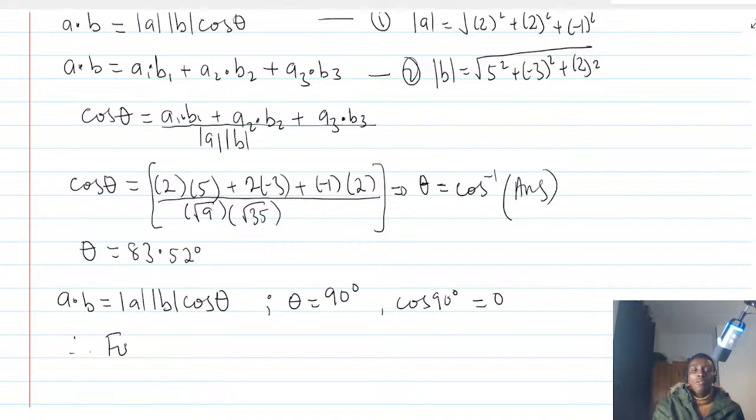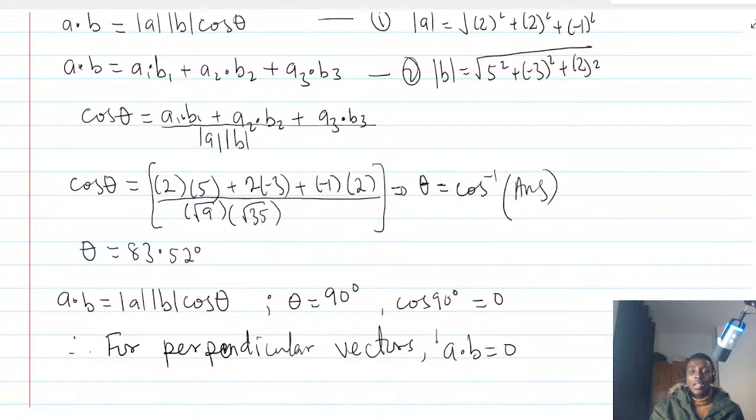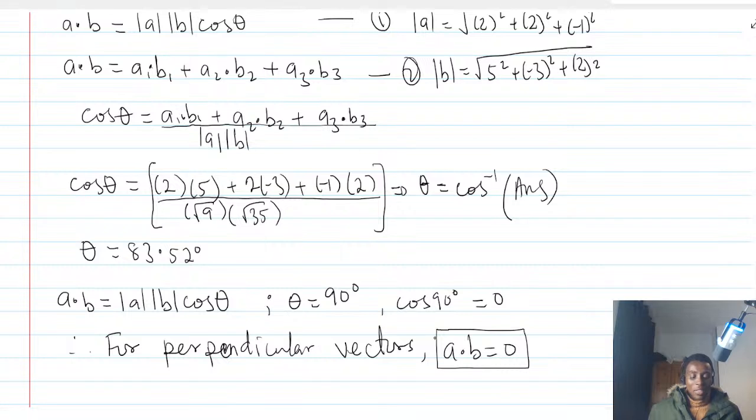Therefore, for perpendicular vectors, the dot product is always equal to 0. Please, you have to bear this in mind. Whenever you have two vectors and they are perpendicular to each other, then the dot product is 0.